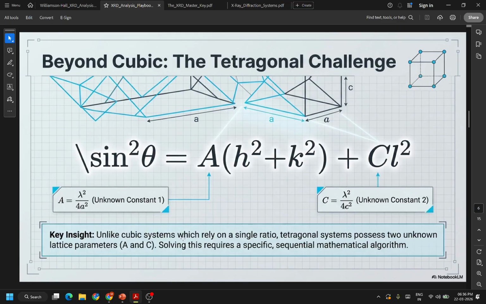So it becomes dependent on two lattice parameters, capital A, that is lambda square by 4a square, and capital C, that is lambda square by 4c square. So your sine square theta becomes dependent on these two values: A into h square plus k square, plus C into l square.